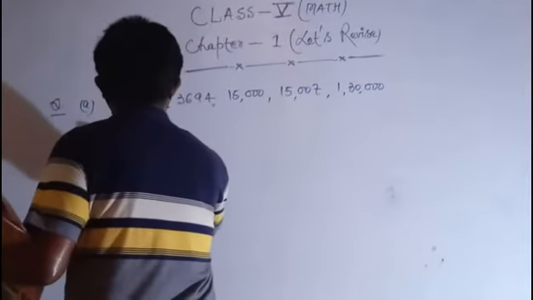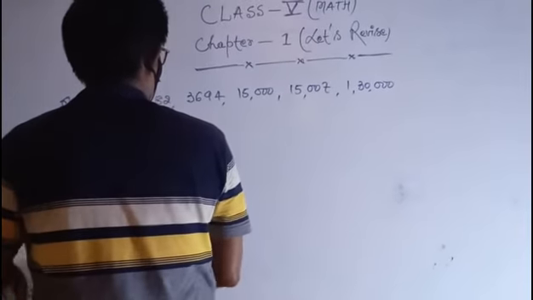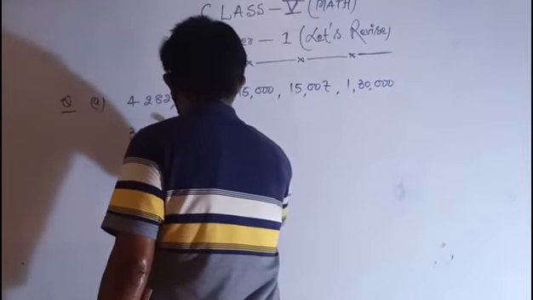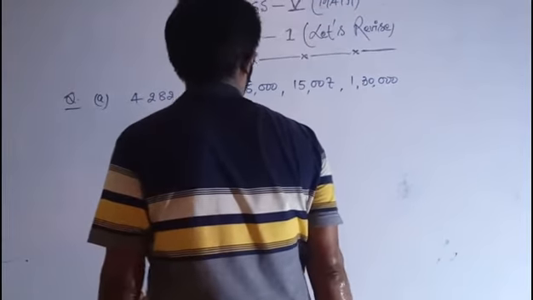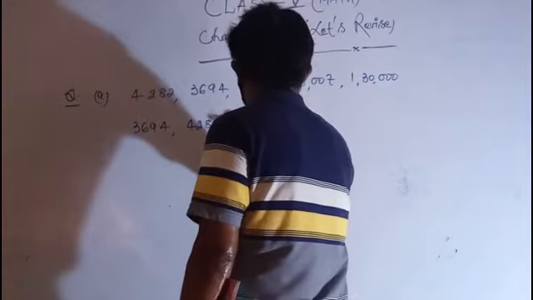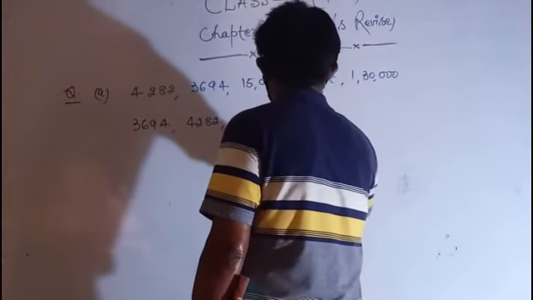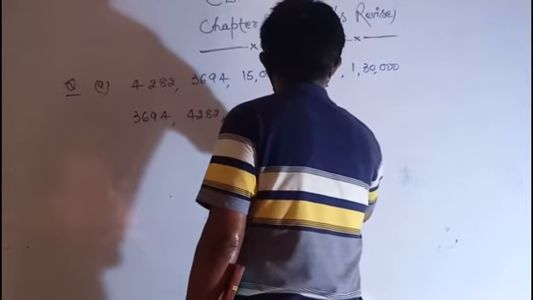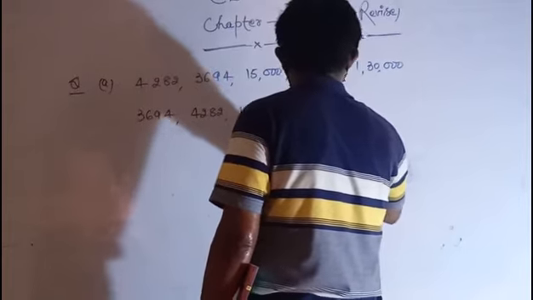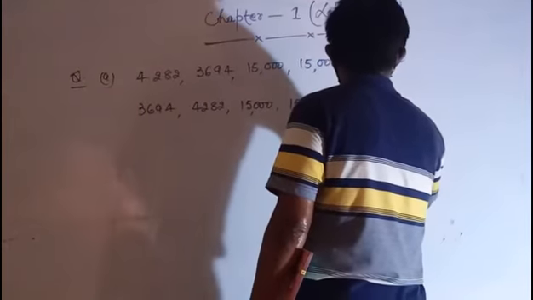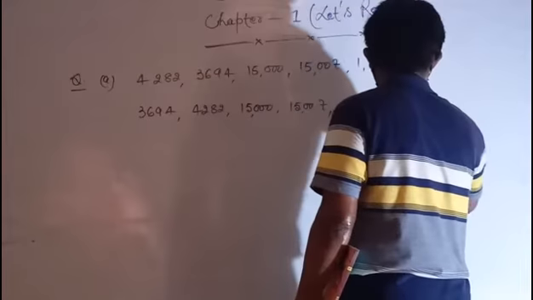Here 3694 is the smallest number, and after it 4282 is next, and next is 13000, 15000, and 15007 last. So it is ascending order.